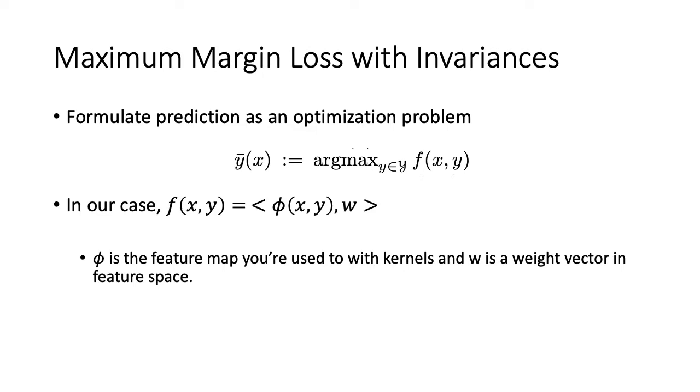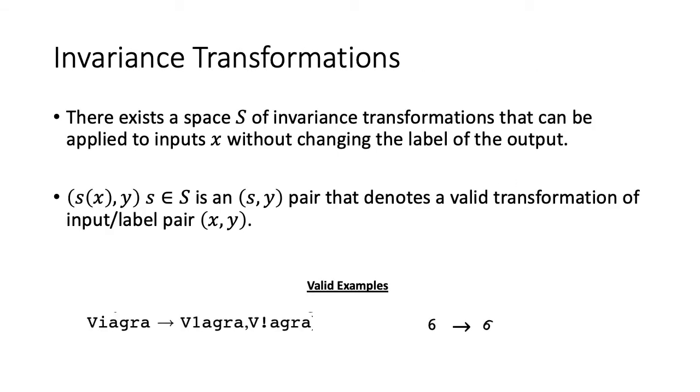In our case, f of x, y is a kernel function, so it's a joint feature map interproducted with a weight in feature space. But that's essentially all you need to know about structural SVMs. They stuck to structural SVMs quite closely in their algorithm, and we'll see that coming up.